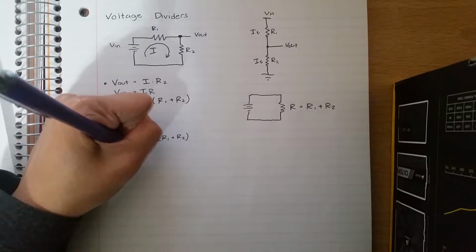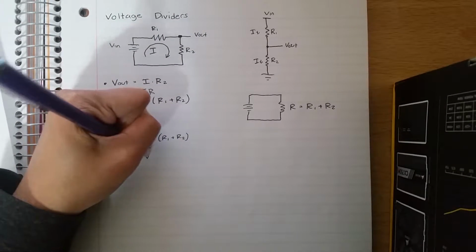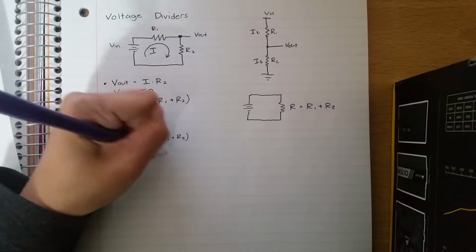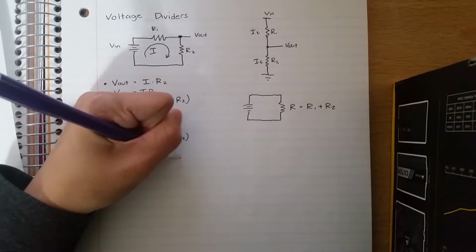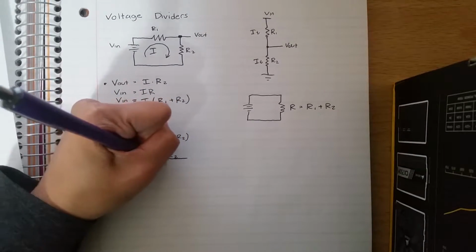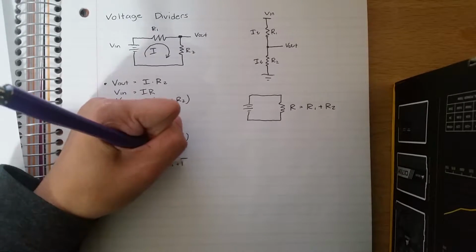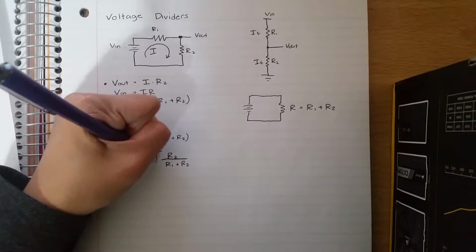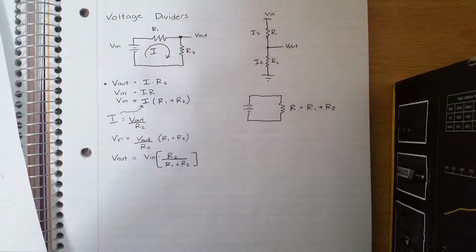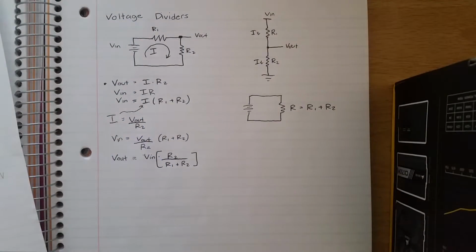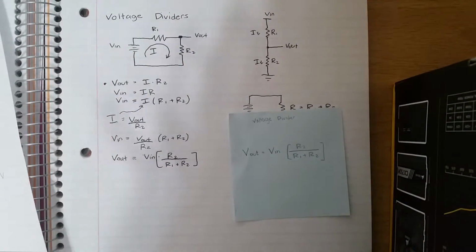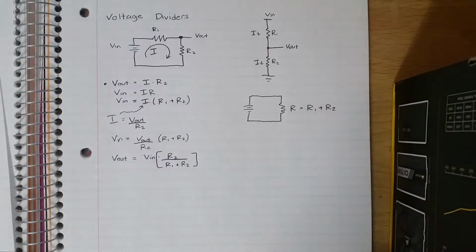It equals V in times R2 over R1 plus R2. And here, folks, we have the voltage divider formula for two resistors. Yay!